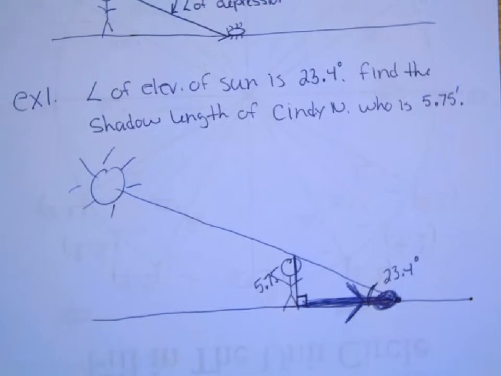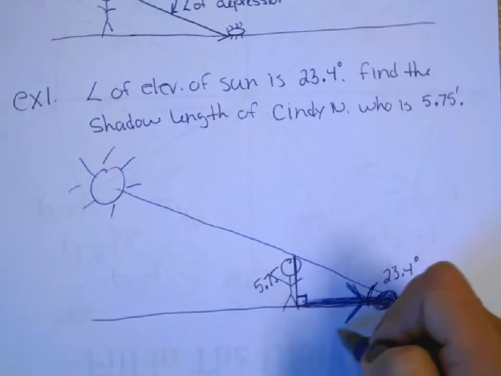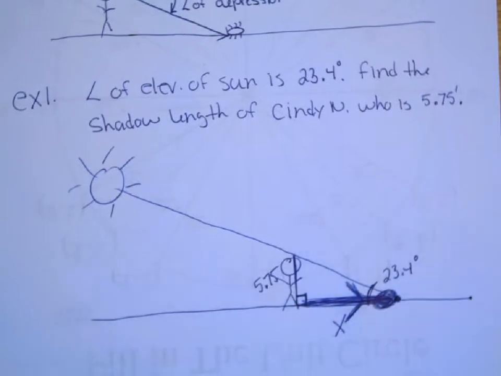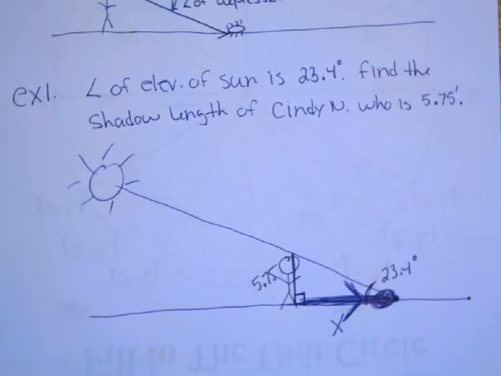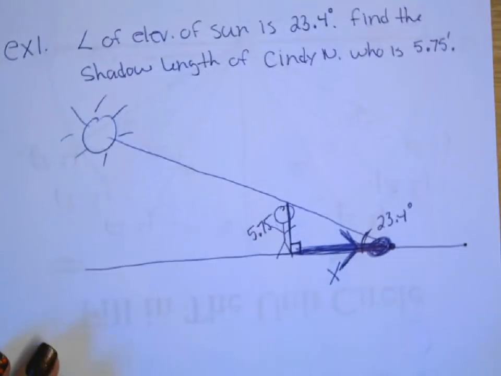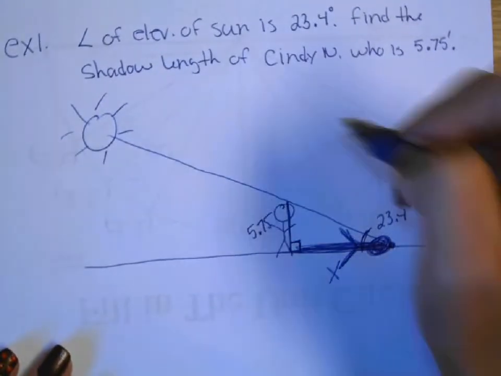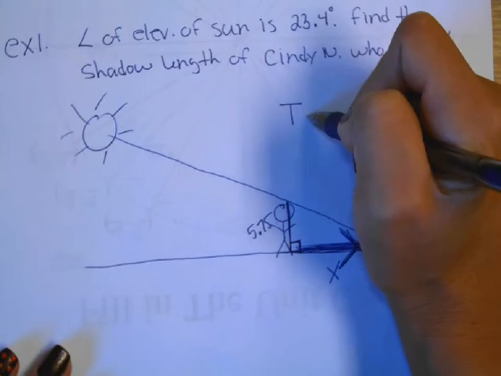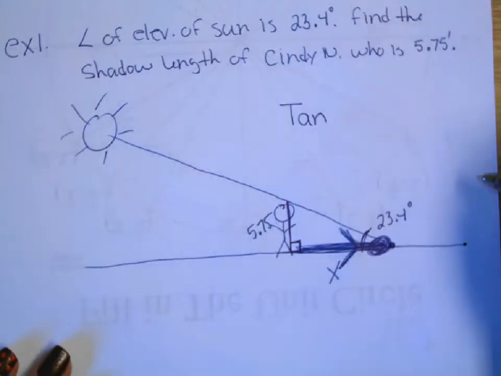And what do they want us to find? The shadow length. That's along the ground here. So put those 3 parts together. Which trig function is going to answer this question? Tangent, because we've got opposite and adjacent. One thing about these story problems, you only have to find one part.